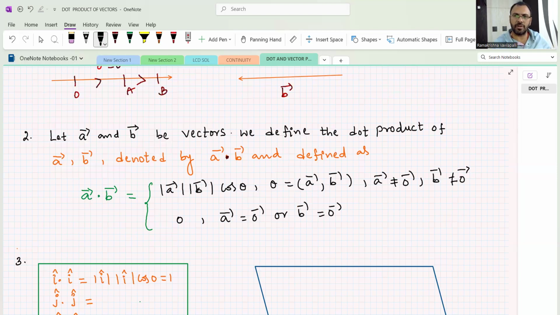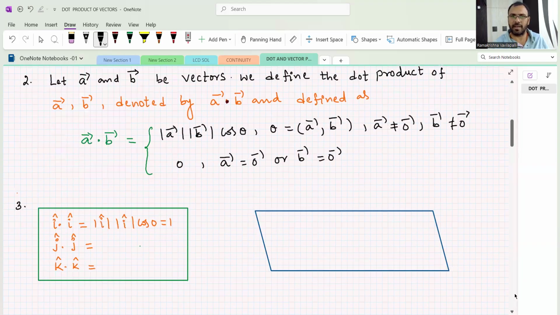So we define the dot product of a null vector and a non-null vector as equal to 0. Remember, the dot product of two vectors is a scalar, it is not a vector. And that formula is mod A into mod B into cos theta: magnitude of A bar into magnitude of B bar into cos of the angle between A bar and B bar.